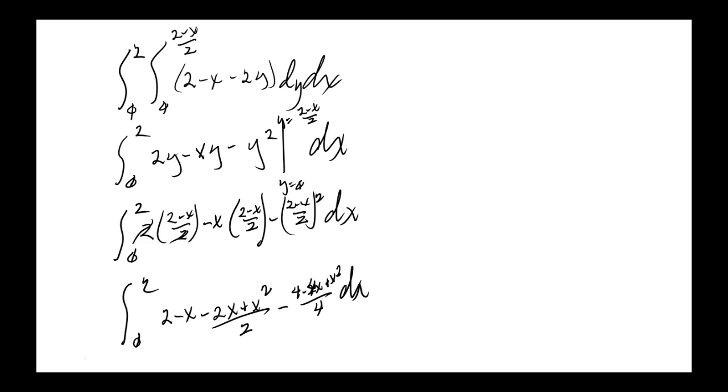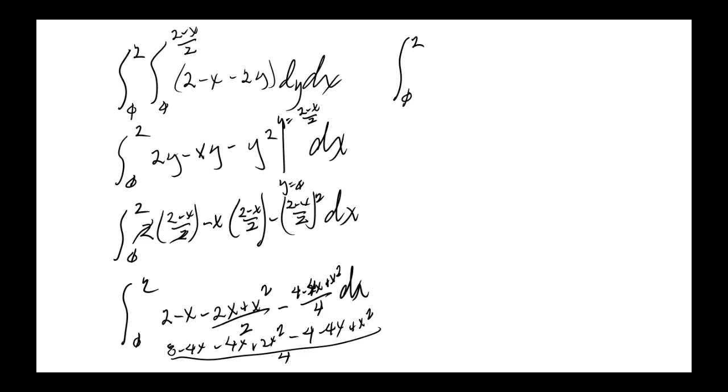Okay, that's pretty nasty looking, so let's see if we can clean it up some. 0 to 2. Let's just work this out. Let's get everything over 4. So this would be 8 minus 4x minus 4x plus 2x squared minus 4 minus 4x plus x squared, over 4.